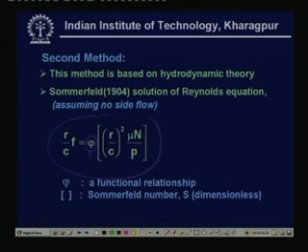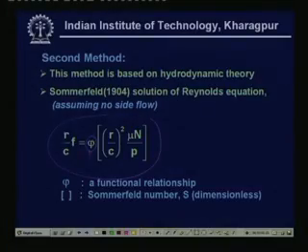Now, here you can see this equation or solution is a very potent one, because it includes bearing dimensions, it includes the friction, it includes the viscosity, it includes the speed of rotation, pressure, but the only thing it does not contain is the bearing arc.